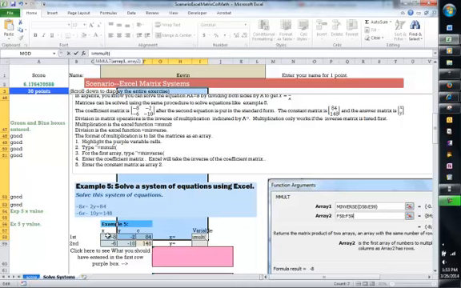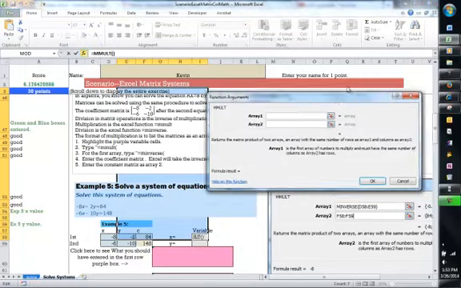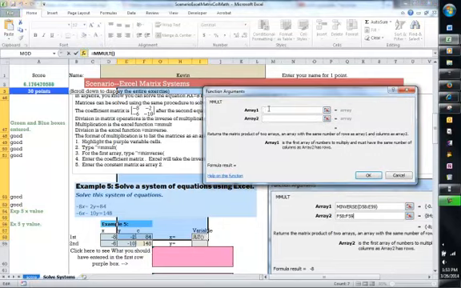Our first matrix is going to be the inverse, MINVERSE, of our coefficient matrix. And our second array is going to be our constant matrix.